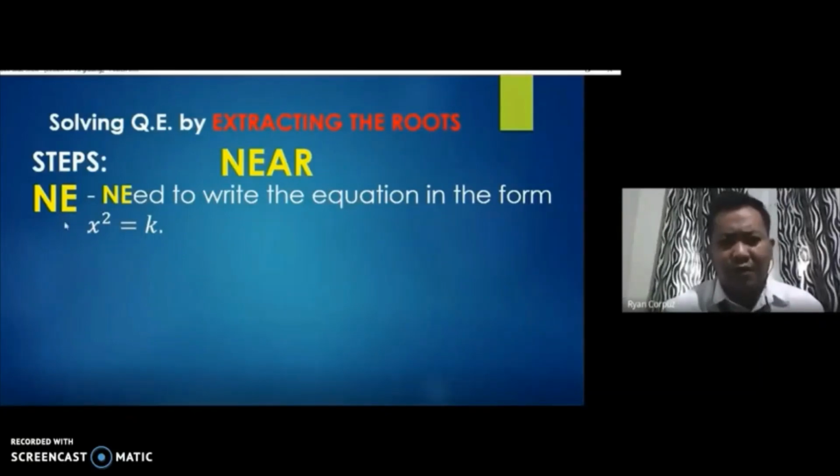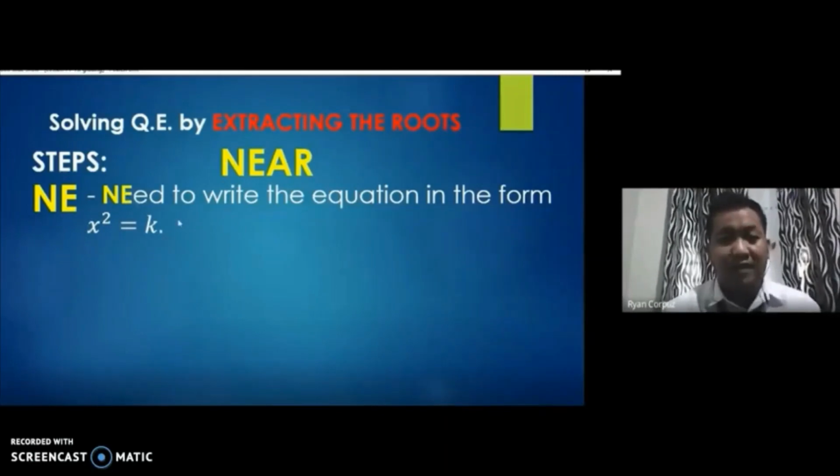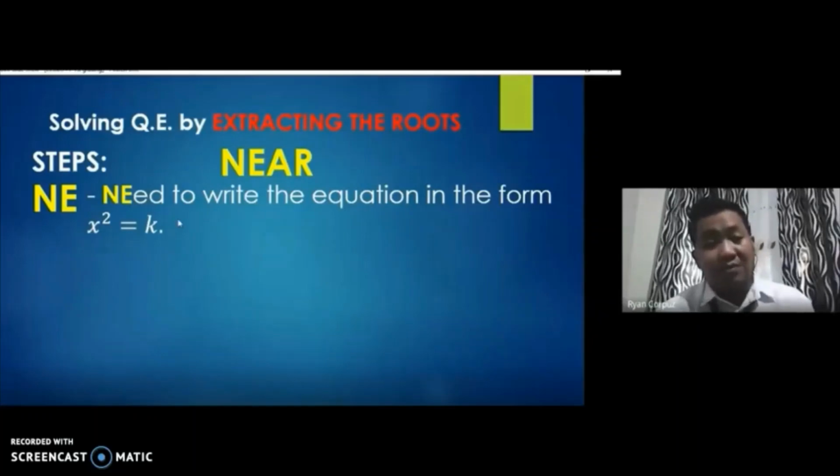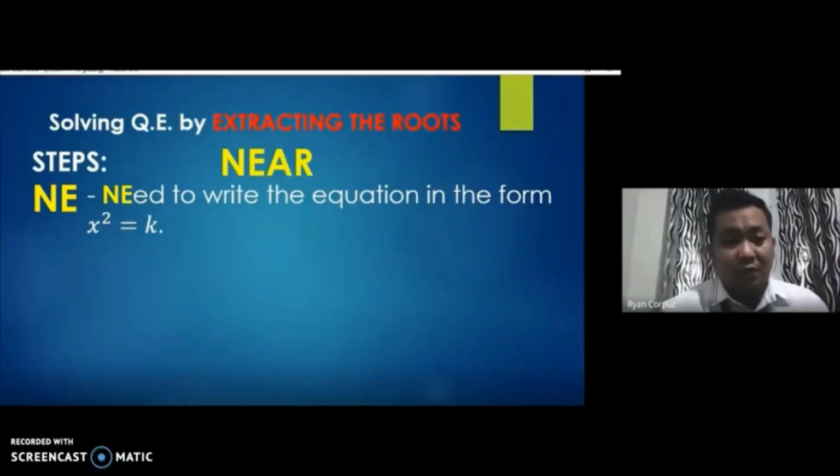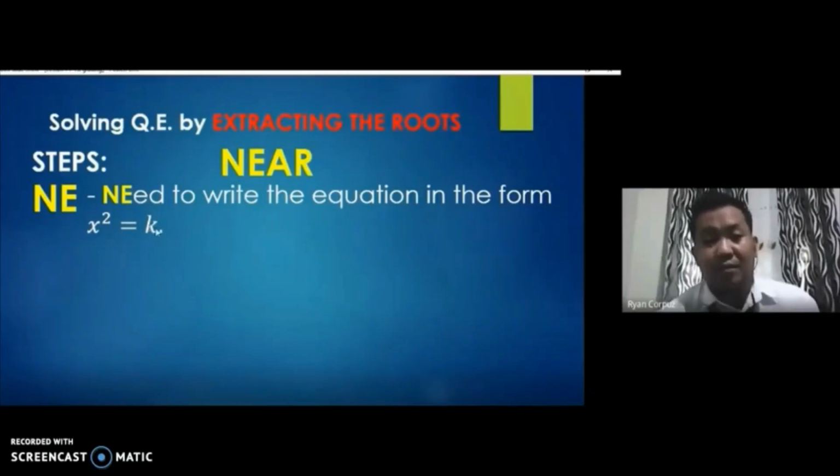What have you noticed on the equation? It is not the same as the general form of the quadratic equation with a linear term and a constant term. In this form, we only have the quadratic term and the constant term. k is the constant term.